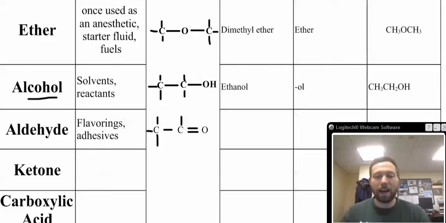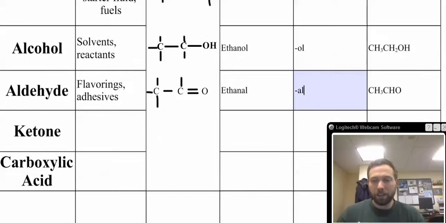So this is an aldehyde, and aldehydes are named with, again, their group of carbons, so ethan, and then it's al, ethanal. And it has an al ending. And the condensed version is right there on your right hand side, CH3, CH, and O.